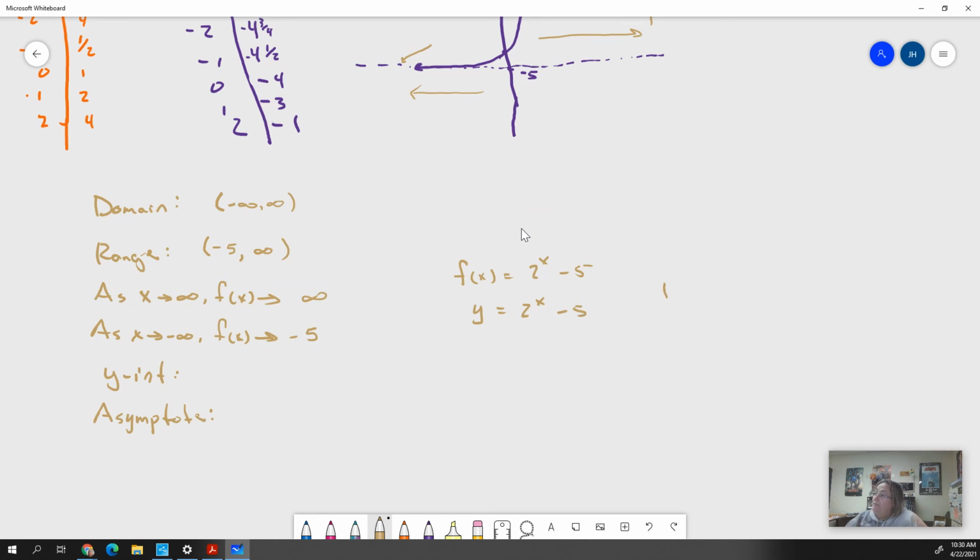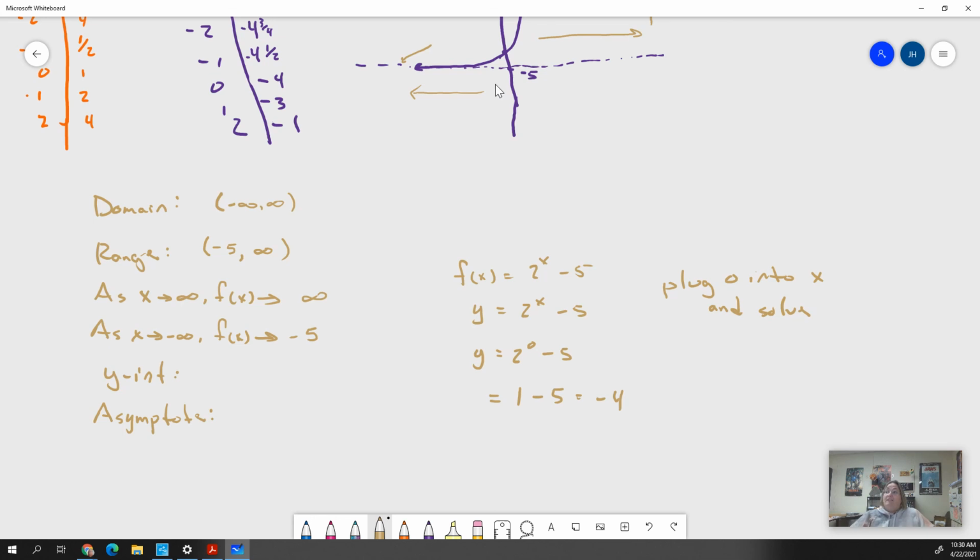All I would have to do is plug 0 in for x and solve. I get y equals 2 to the 0 minus 5. Anything to the 0 power is 1. So it's 1 minus 5, which is -4.